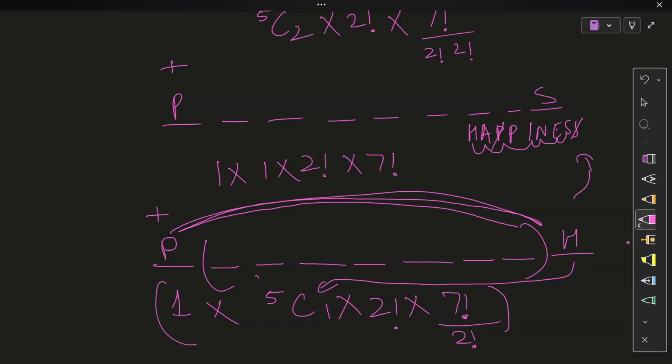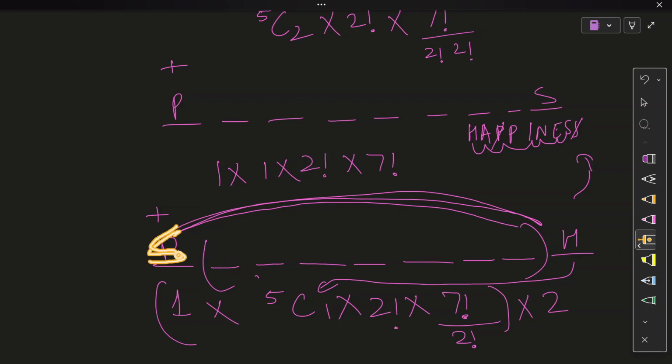Why are we not done yet? Because the same thing can happen if an S takes this position and any of the non-repeating letters occupy this position, right? So instead of making a whole another case, I'm just going to do one thing. I'm going to do this. I hope that made sense. Why? Because look, it is the same thing.